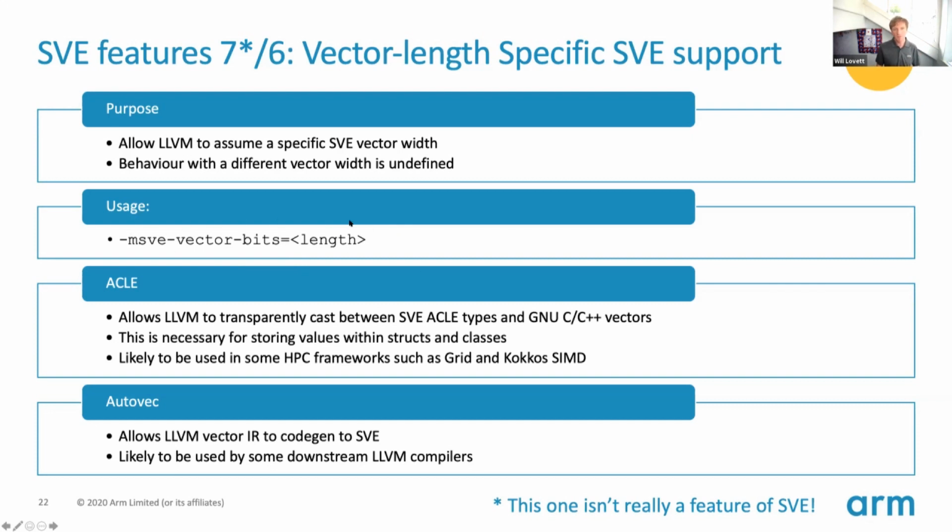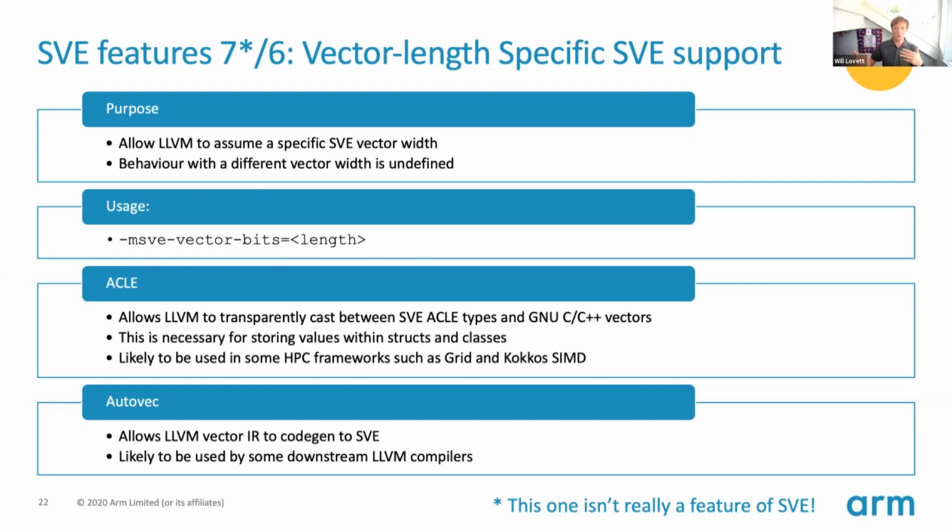If you give this flag, then it gives the compiler permission to transparently cast between those SVE ACLE types and standard known width GNU C and C++ vectors. And you can then declare your classes and your structs to use the GNU vectors and use them for results and for passing arguments.